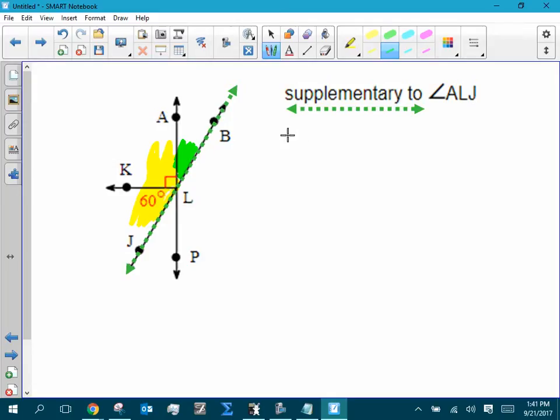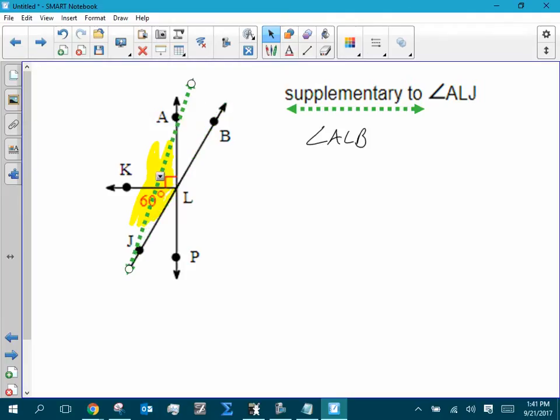Okay, so we'd be looking at angle ALB if we look at that line. But now the issue is I could also be looking at maybe that straight line, or straight angle, which is also going to be the yellow one plus this blue one.